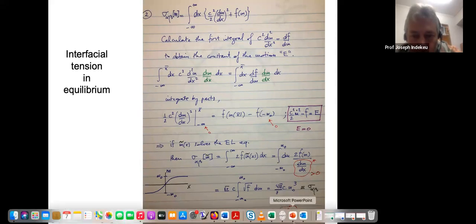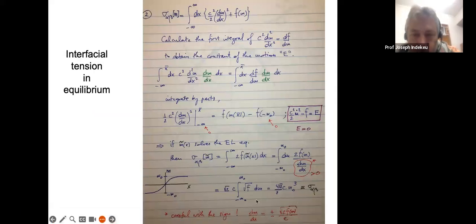If you look here at the bottom of the slide, you see that the m dx is plus or minus the square root of 2f divided by c. So if we write the square root of an object, we always mean the positive value of this square root.